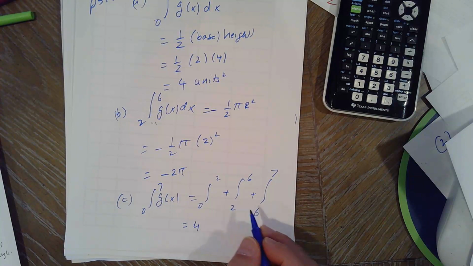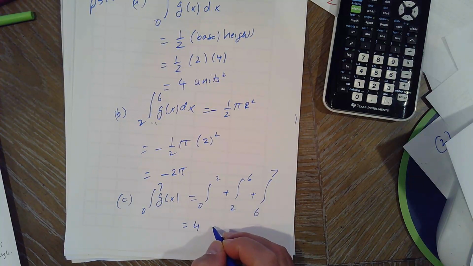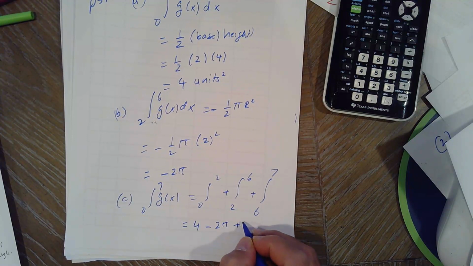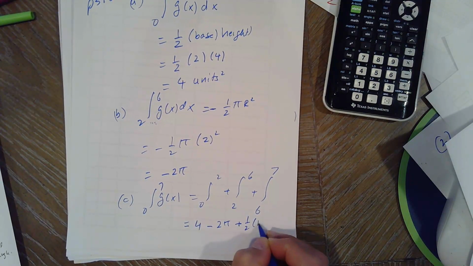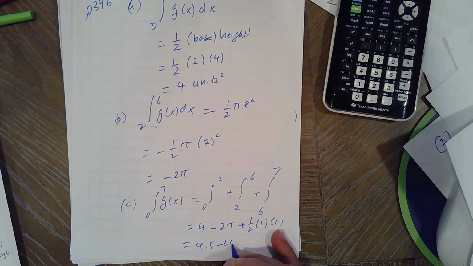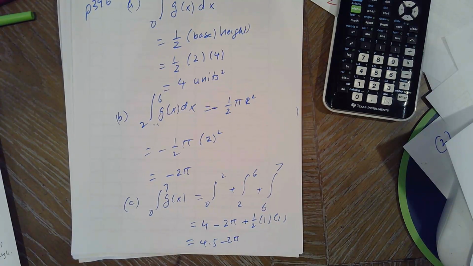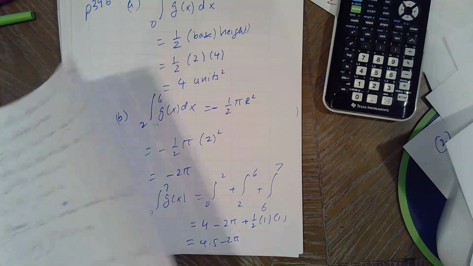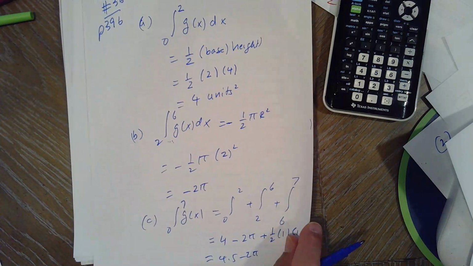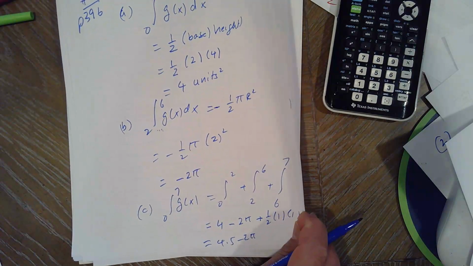And then from 2 to 6, we got negative 2 pi. And then 6 to 7, it's that small triangle, half base times height, which is 4.5 minus 2 pi. It's just areas of geometric figures, that's all. But if it's underneath, then it's negative because we're doing integral, not area.